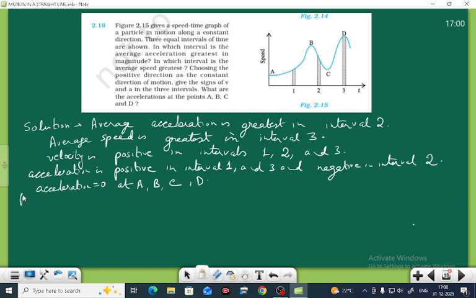Acceleration is given by the slope of the speed-time graph.